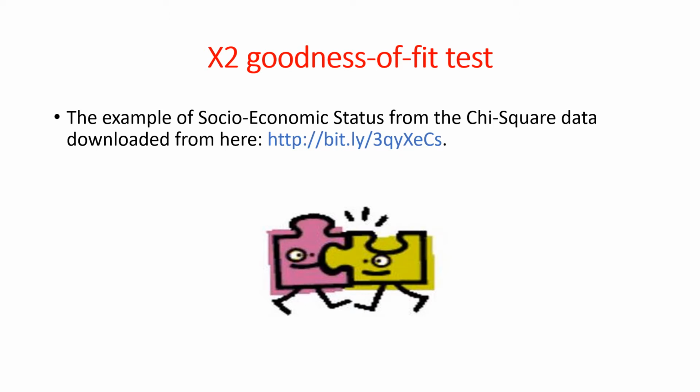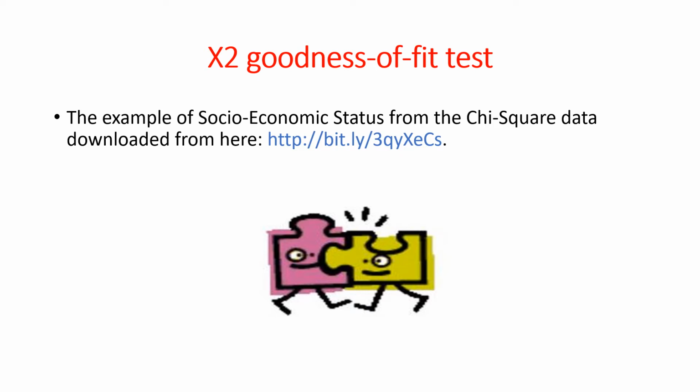So when it comes to chi-square goodness of fit test, you have a categorical or nominal variable, for example, such as socioeconomic status, which is also one of the variables in this data set. And then we have different levels of socioeconomic status, and we want to see whether the different levels are distributed equally in our sample or not.